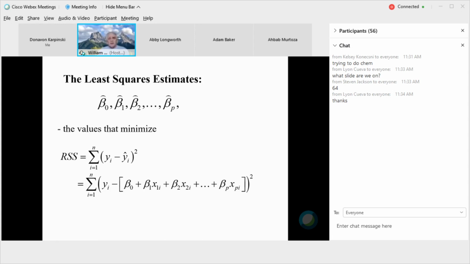And if you choose the coefficients beta naught, beta 1 up to beta P to minimize this residual sum of squares, these are called the least squares estimates of the parameters. It's similar to when there's just one variable. You just have an intercept and one slope. Here you have P slopes, a slope for each of the independent variables.